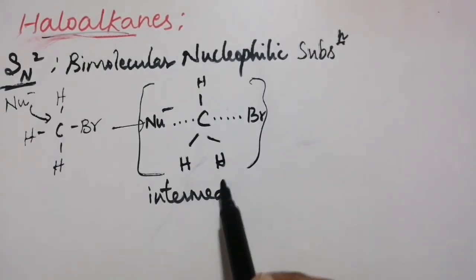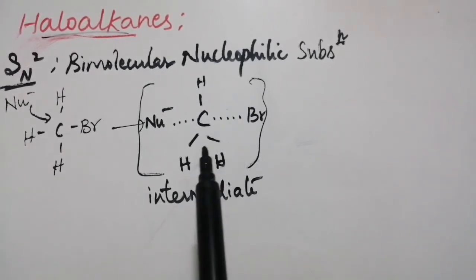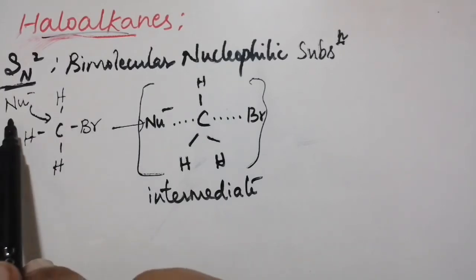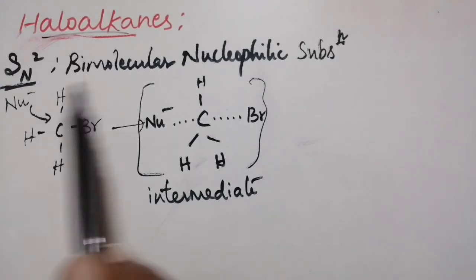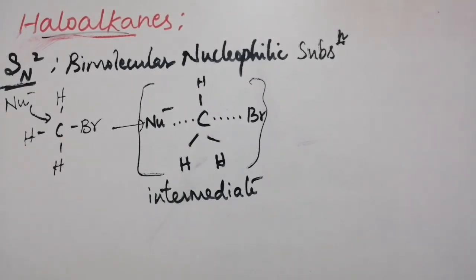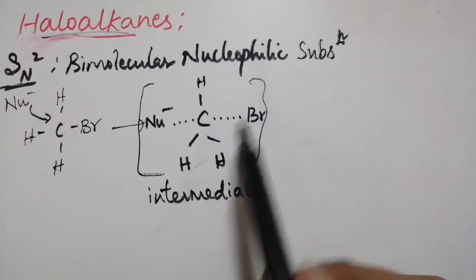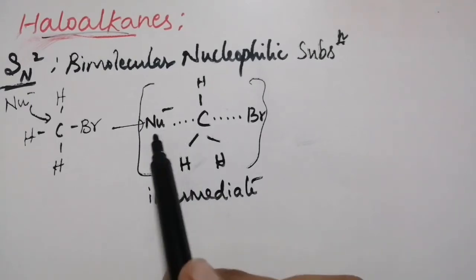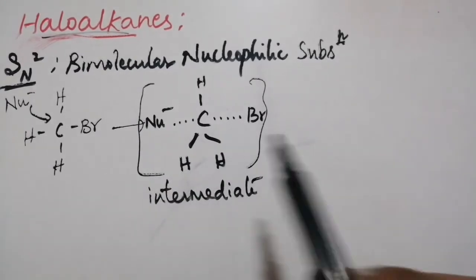This is my intermediate, where the nucleophile attacks my carbon from the backside, and there follows the intermediate state where there will be a partially breaking bond with the bromine atom and a partially developing bond with the nucleophile, with the inversion of structure.